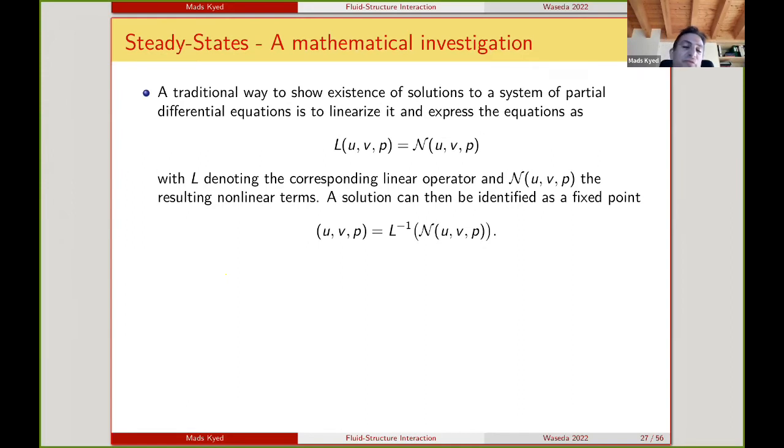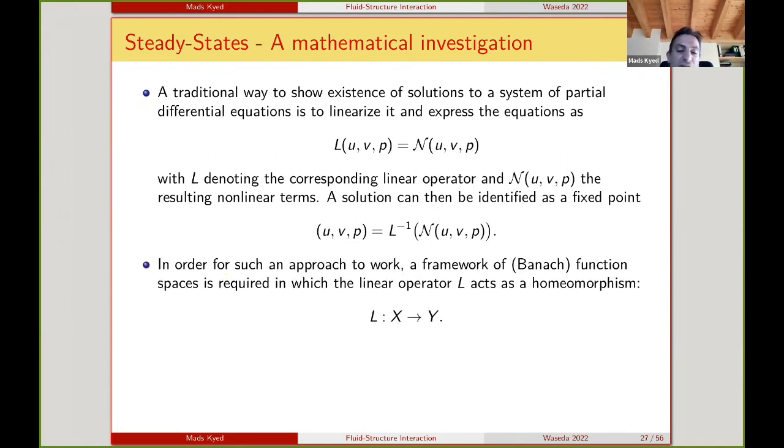If you just apply the inverse of our linearized partial differential operator, if it's invertible in the setting you're working with, you can invert it, and then you can identify a solution as a fixed point of L inverse of N. So the composition of the inverse of our linear operator with the nonlinear operator.